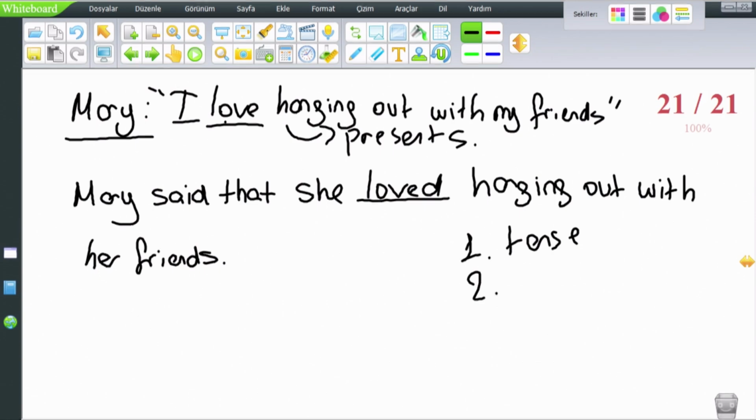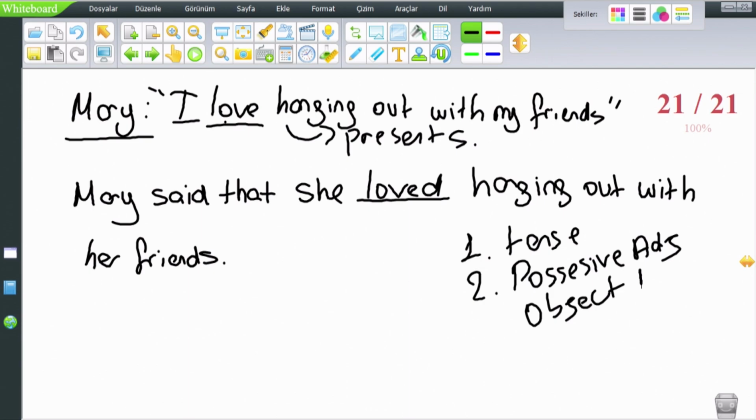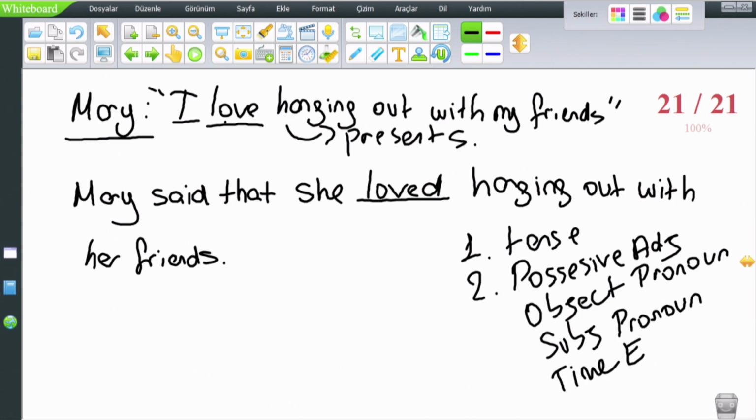The second one, if there is a possessive adjective or an object pronoun or a subject pronoun or a time expression, I have to also transform these words.